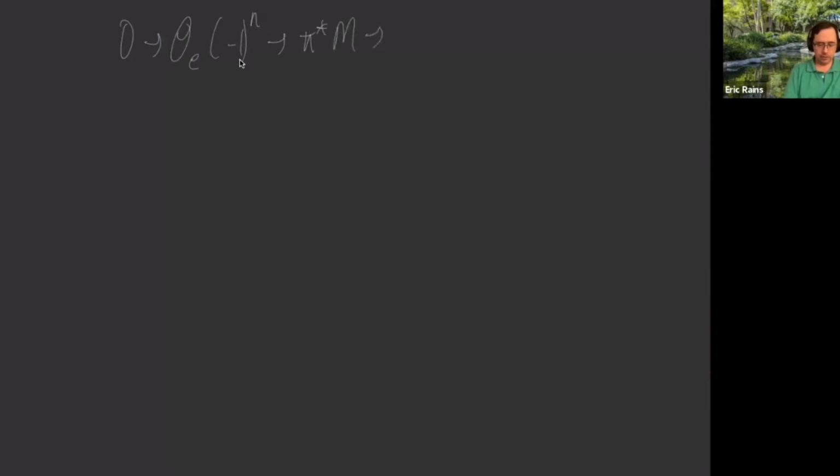And not only is it a subquotient in that case, it's actually a quotient. And so we get a short exact sequence like this with n maximal. So basically, we take the actual pullback, and then we mod out by as many copies of O of minus one on the exceptional curve as we can, and that gives us pi upper shriek of M.